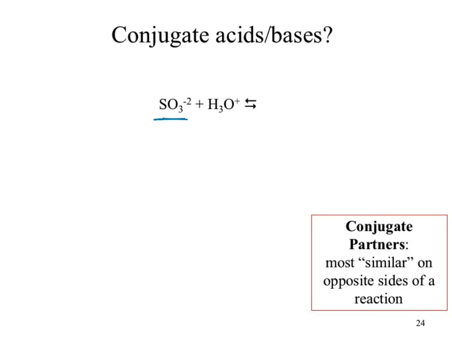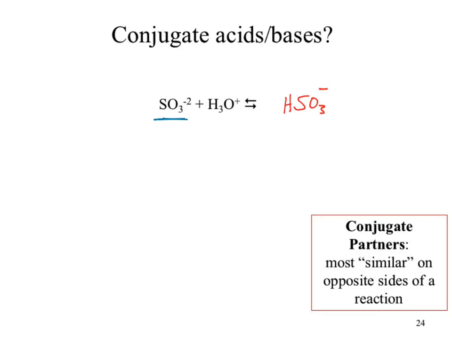To act as a base, what does it need to do? It needs to accept a hydrogen. So if I wrote it on the other side, it'd be SO3, but it needs an H. So now it would be hydrogen sulfite with a -1 charge, because I've only added one hydrogen. Hydrogen is just an H+.